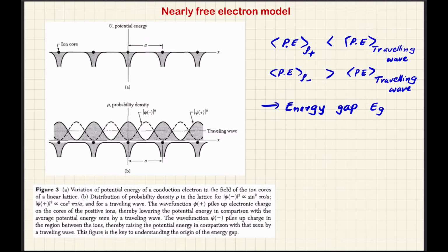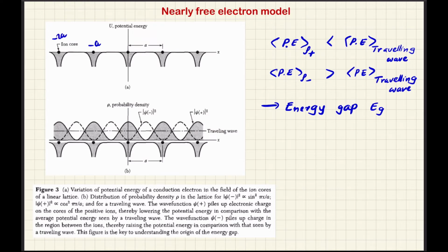We have seen that rho plus piles up the electrons at 0, a, and 2a, etc. That means 0 is this position, a is this position, 2a is this position, and there will also be minus a, minus 2a, etc.